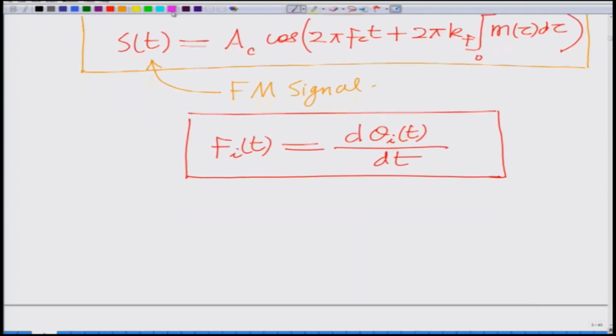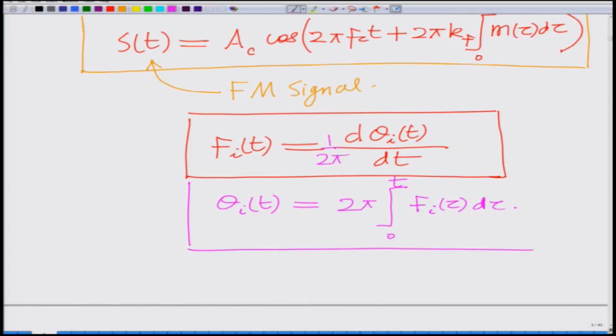And therefore, it follows that theta_i(t) equals, and there has to be a factor of 1 over 2 pi, integral 0 to t f_i(tau) d tau. That is the expression for the instantaneous phase. Okay, that is the expression for the instantaneous phase.